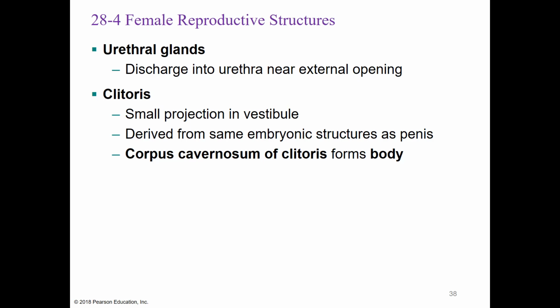The urethral glands discharge into the urethra near the external opening of the urethra, and the clitoris is a small projection in the vestibule that is derived from the same embryonic structures as the penis. The corpus cavernosum of the clitoris forms the body.